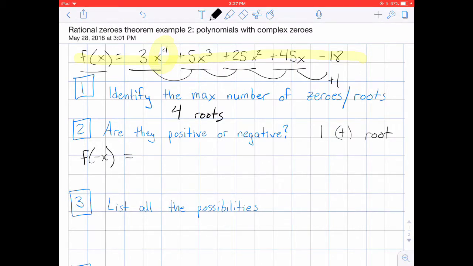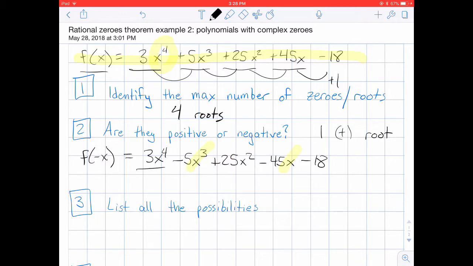F of negative x will be a polynomial where all of the odd terms have changed signs, and then we will look at the sign changes from term to term there. Note that the cube and the first power are the only terms that change signs when you plug in a negative x for all of the x's and then simplify the polynomial.